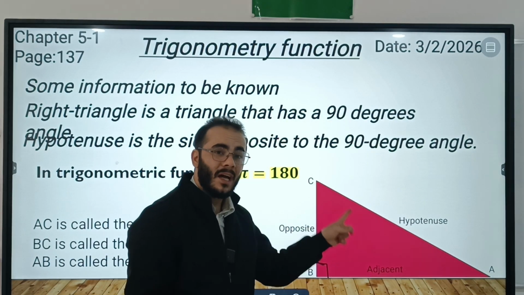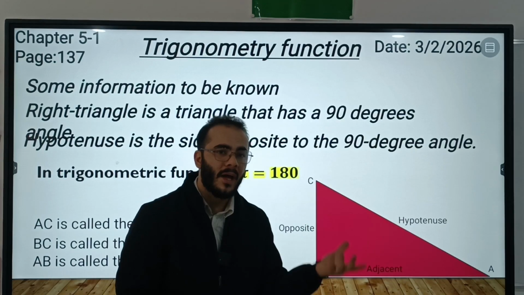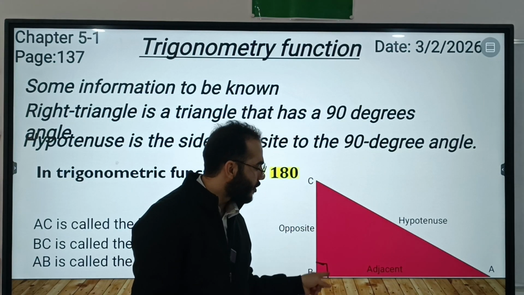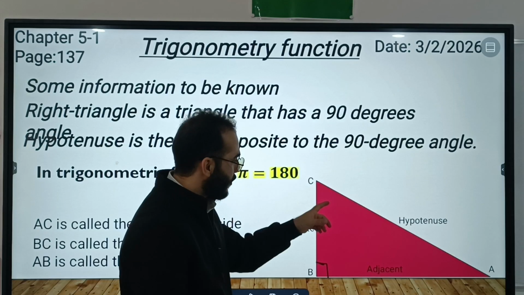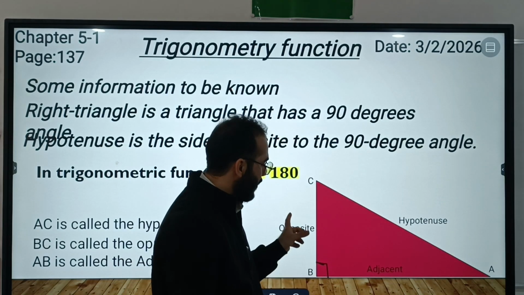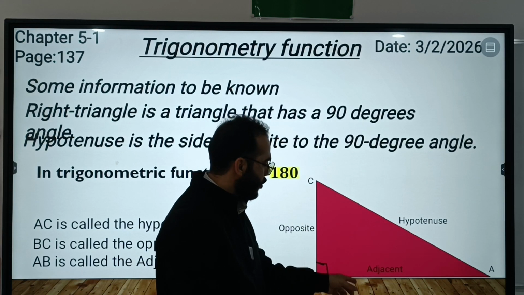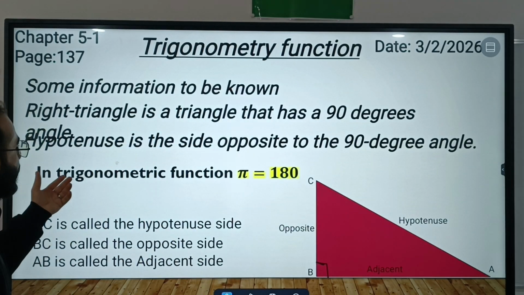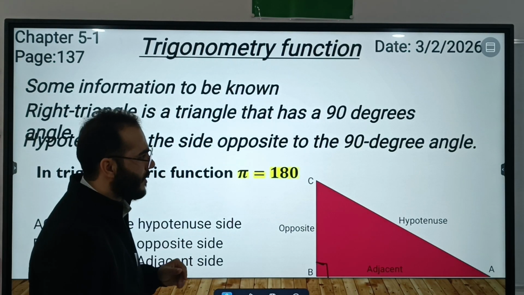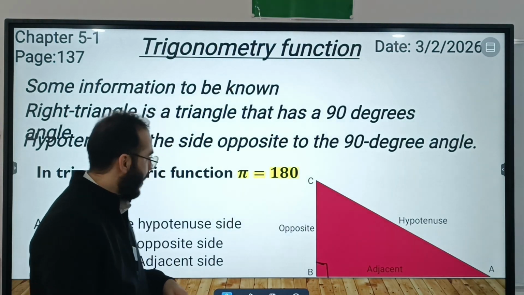The sides around the right angle are called legs, and the side opposite to it is called the hypotenuse. So the hypotenuse is the side against the right angle, and we call these two sides the legs of our triangle. The hypotenuse is the side opposite to the 90 degree angle.